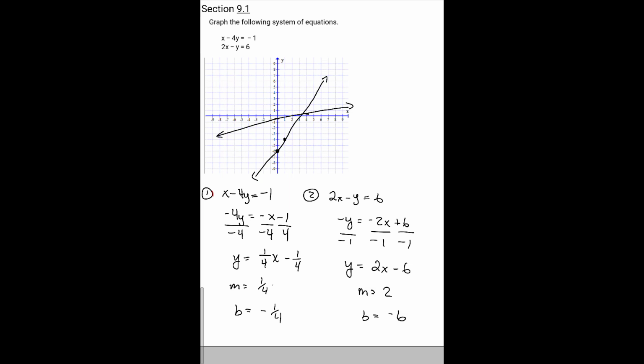Now another way you could do this, instead of putting your equations in slope-intercept form, is to find the x and y intercepts of those equations.